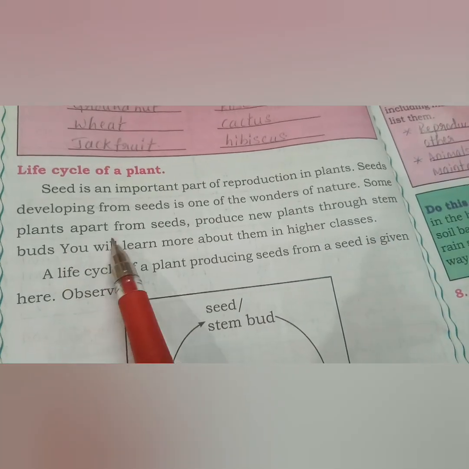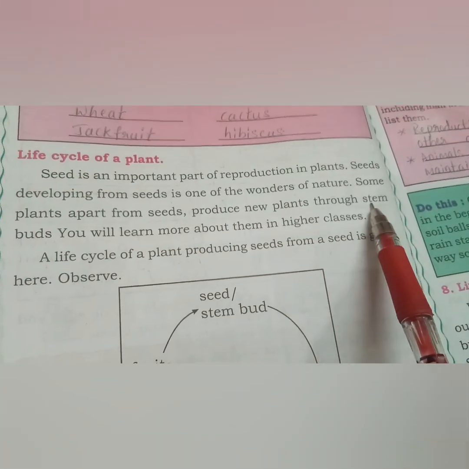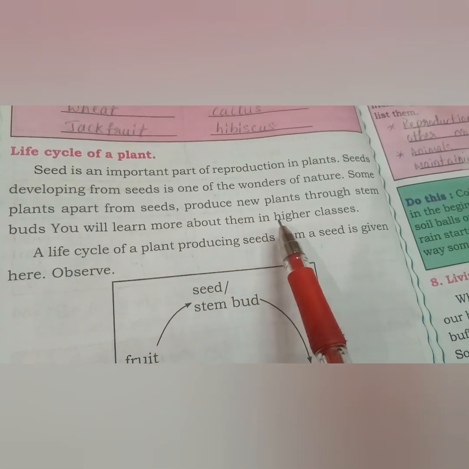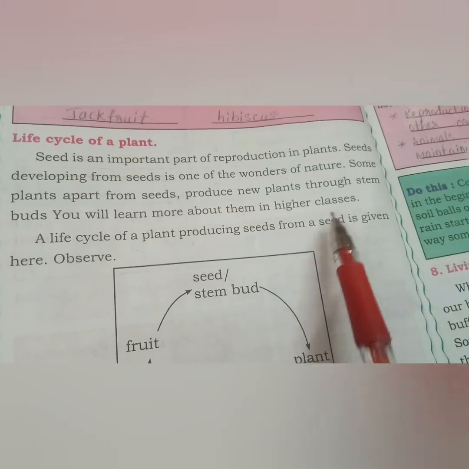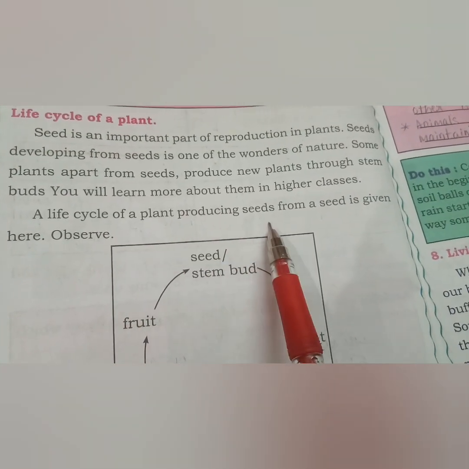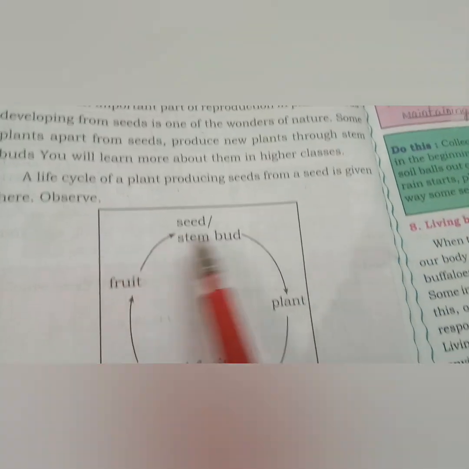Some plants apart from seeds produce new plants through stem buds. You will learn more about them in higher classes. A life cycle of a plant producing seeds from a seed is given here. Observe this picture children.